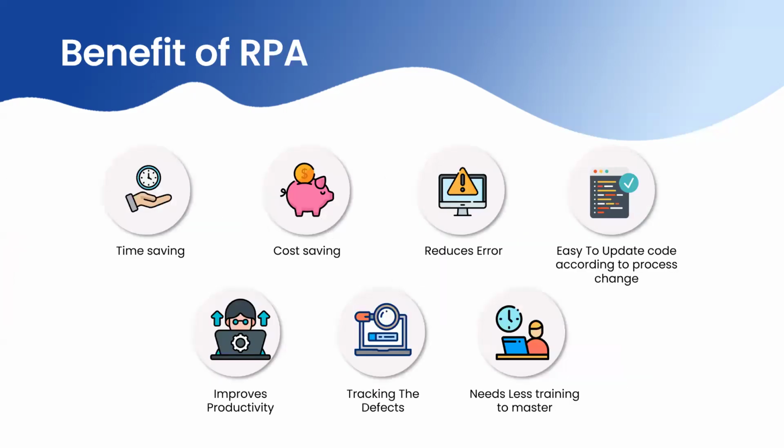Tracking the defects means, if you get an error, at which stage you got it, whether it is an error with the input data or some application is not working. After coming back, you can check that and fix it. You will have logs, screenshots, and a lot of things saved in your designated location, or you can save them in Orchestrator. We have some infra there, okay? So you can look there.